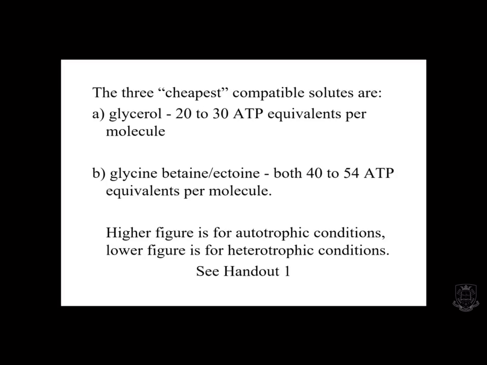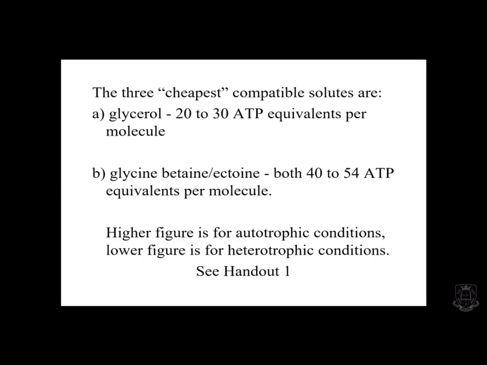So if you look at the bottom figure with these columns, white and dark columns. So glycerol has got the shortest columns, the lowest amounts of ATP equivalent. Then ectoine, glycine betaine, and there's a slight difference in the pathway for glycine betaine, but don't worry about that. The point there is that all of them are below 60 ATP equivalents.